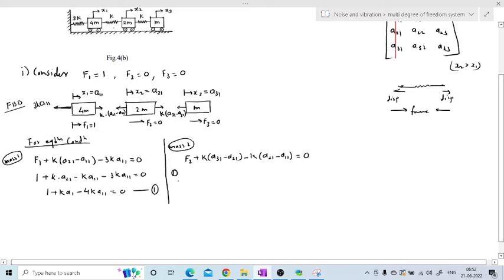Just see the value of F2, 0 plus KA31 minus KA21 minus KA21 plus KA11 will be equal to 0. Now just check the common terms. So 0 plus KA31, see here minus KA21 minus KA21, so it will become minus 2KA21 plus KA11 will be equal to 0. Okay, so this will be our equation number 2.